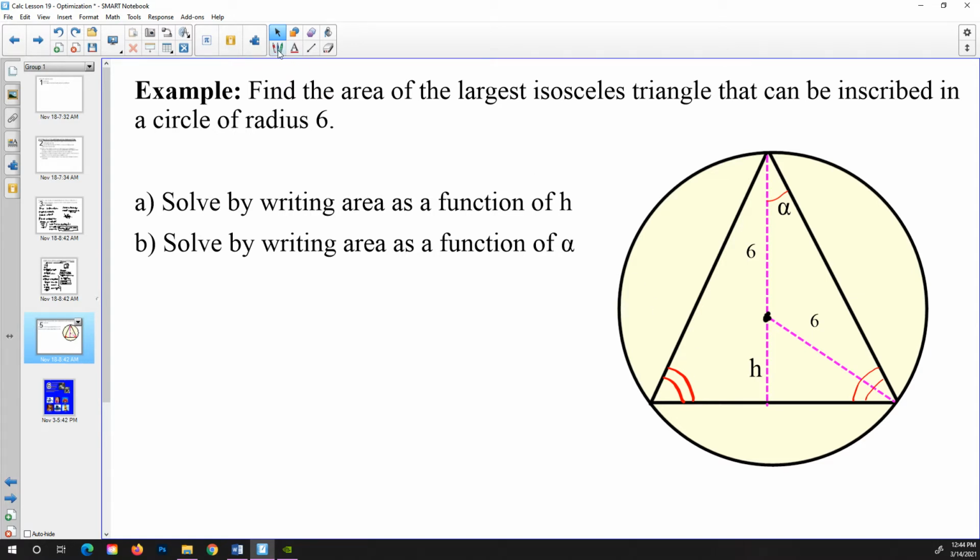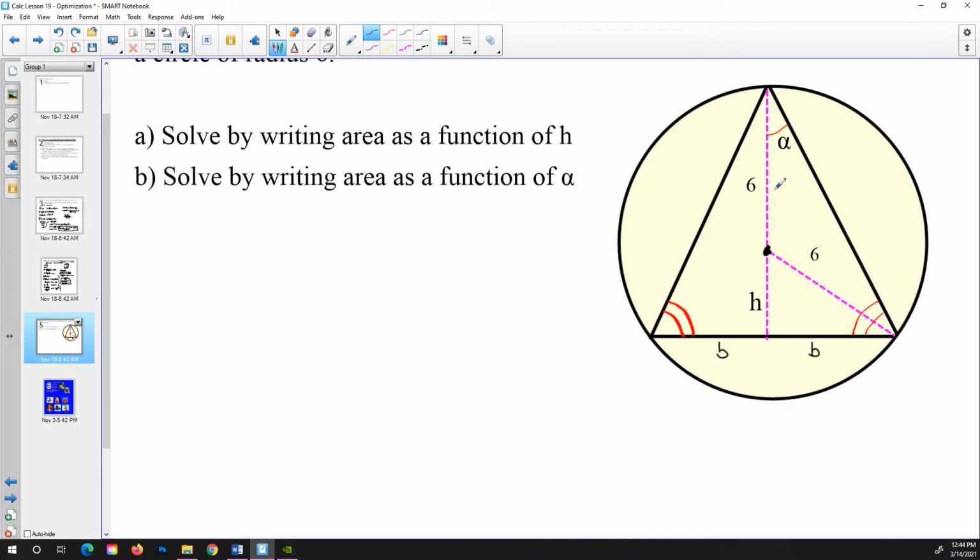And just for the sake of keeping my numbers nice and easy, I'm going to call this h the distance here, not the total height. And I'm going to call 1/2 of each of these b. So I'm going to call that b, and I'm going to call that b, so that when I say half of b, I'm only talking about this thing, and that'll keep my numbers just a little bit easier.